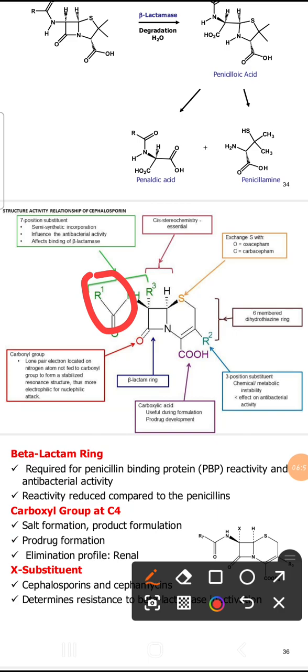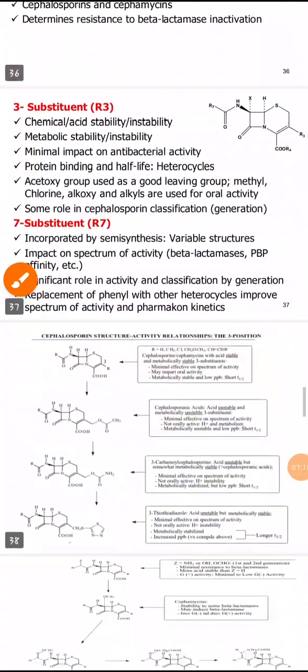It is very important for antibacterial activity. It affects binding and shields the beta-lactam ring from the beta-lactamase enzyme. It is a very important site for activity.